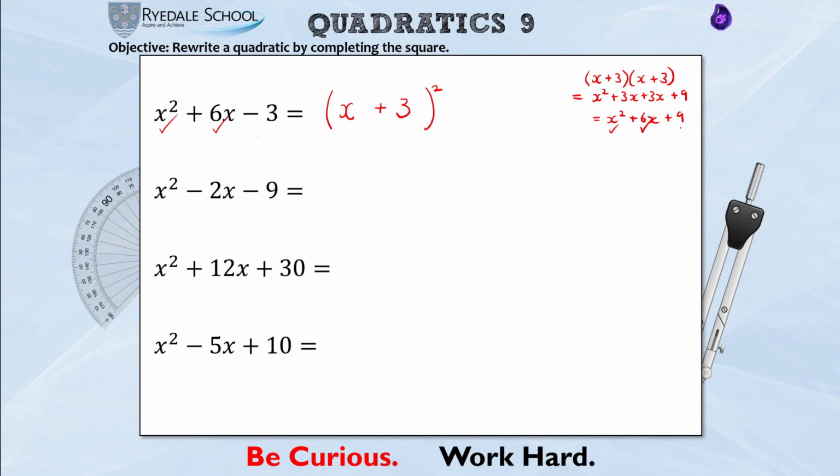I currently have 9. How can I get back to negative 3? Well, 9 subtract 12 would leave me minus 3. So the part on the end that I need this time is subtract 12. Let's look at the next one.